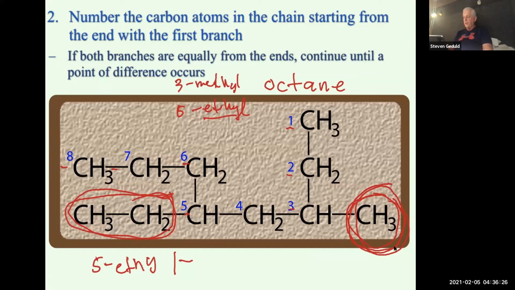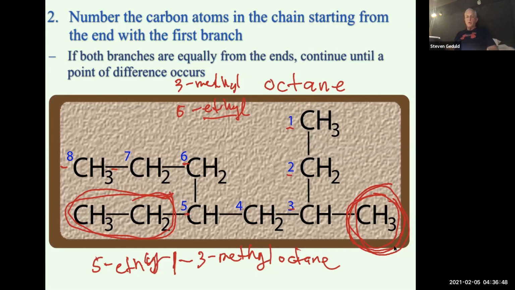So 5-ethyl, 3-methyl octane. That's the name. This is an L, not a 1. That's an L. There we go. So it's 5-ethyl, 3-methyl octane.